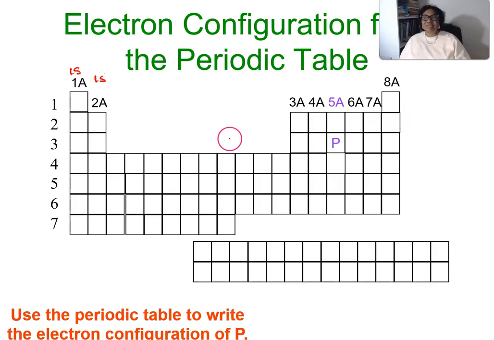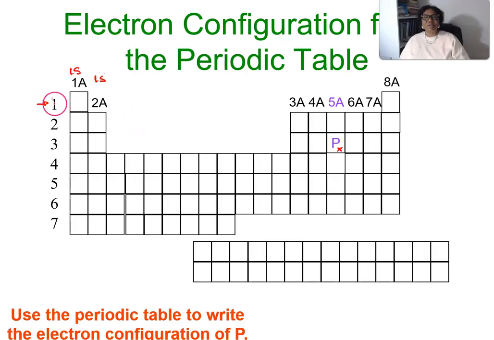So we can start by writing the electronic configuration, but we have to end at this block. We are going to start from here. These numbers represent the principal energy level. So if we want to write the electronic configuration for phosphorus using the periodic table, we'll start counting from here.